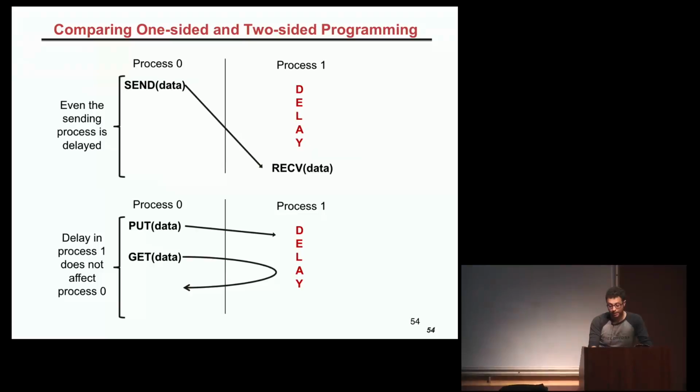I say put data, but I can't really put data into a different processor's memory unless that process first made it available to me, because I don't even know what its address space looks like. I can't just randomly assume that the address in my local memory also corresponds to the same address in the other processors. It might be a different virtual address, right?